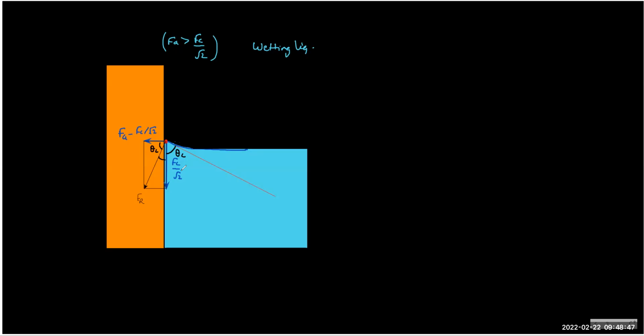What we can also realize is that this contact angle is a function of cohesive and adhesive forces. That is why we can write here that tan theta c is equal to FC by root 2 upon F adhesive minus FC by root 2.